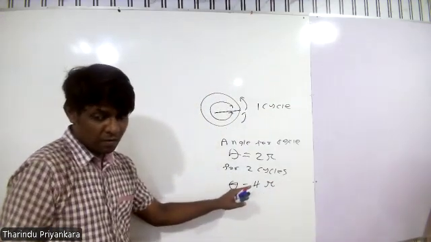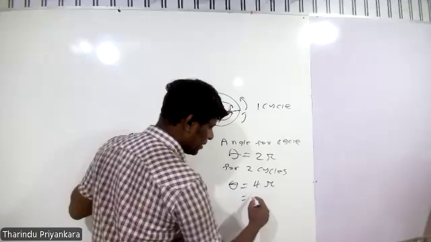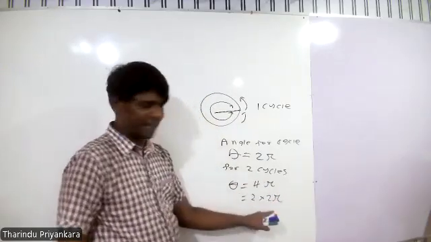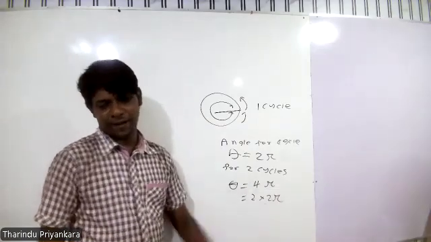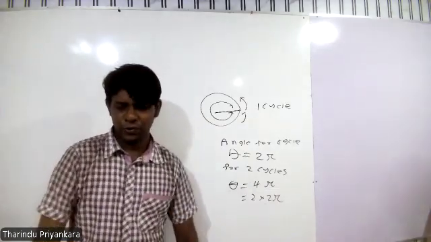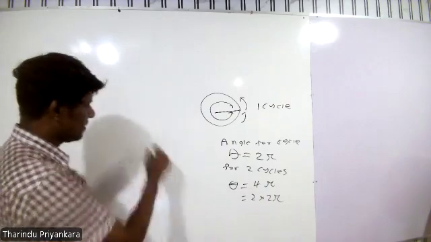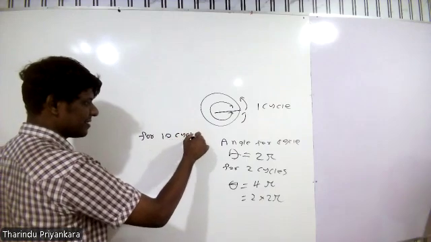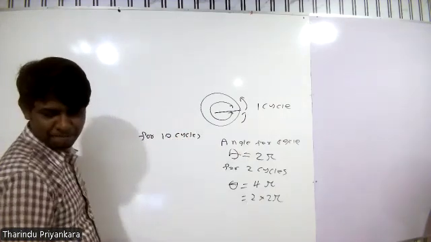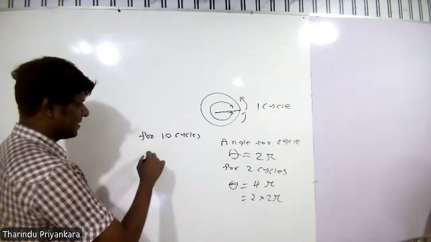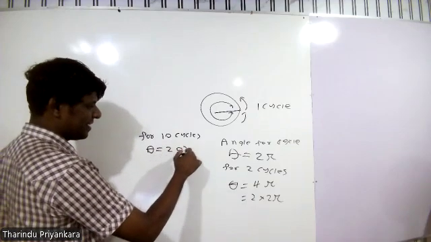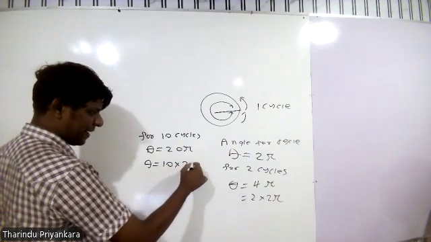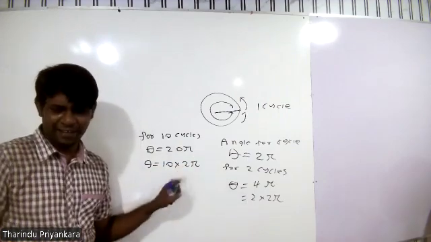We can say it in another way: 2 times 2 pi. I'm going to show you some relation. For 10 cycles, what is it? Theta equals 10 times 2 pi.